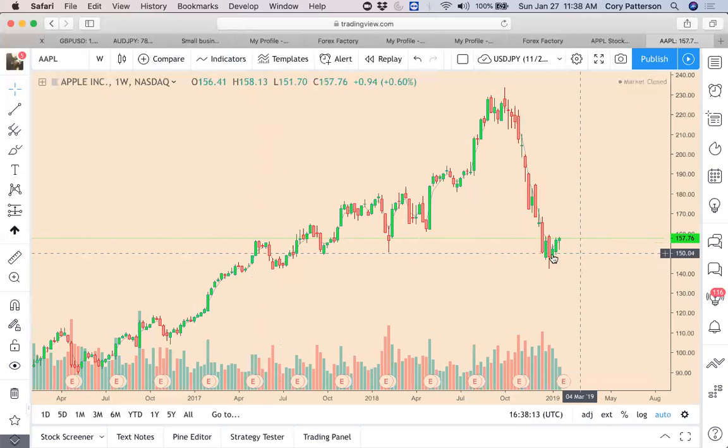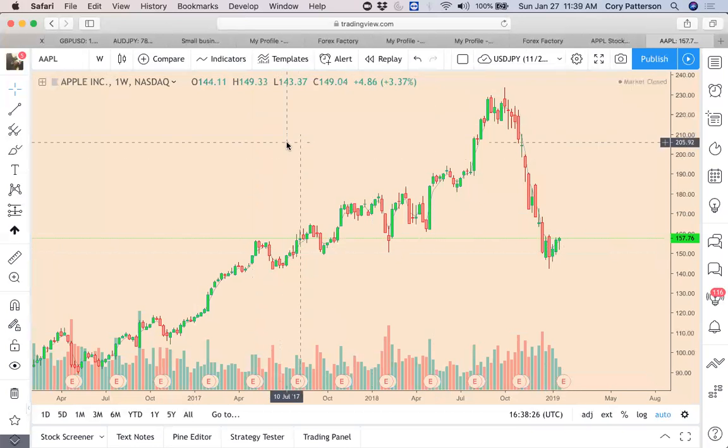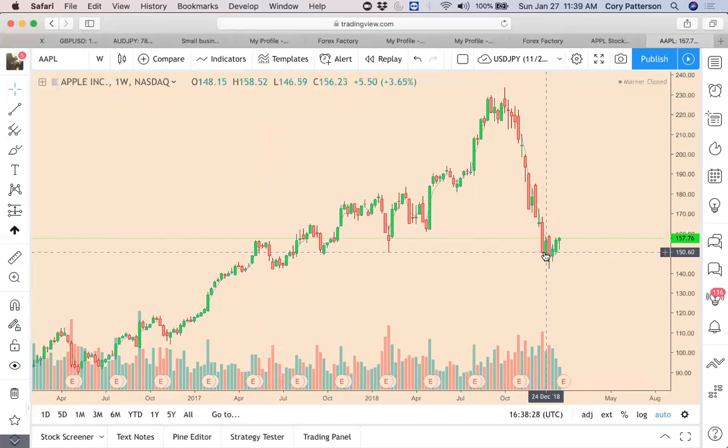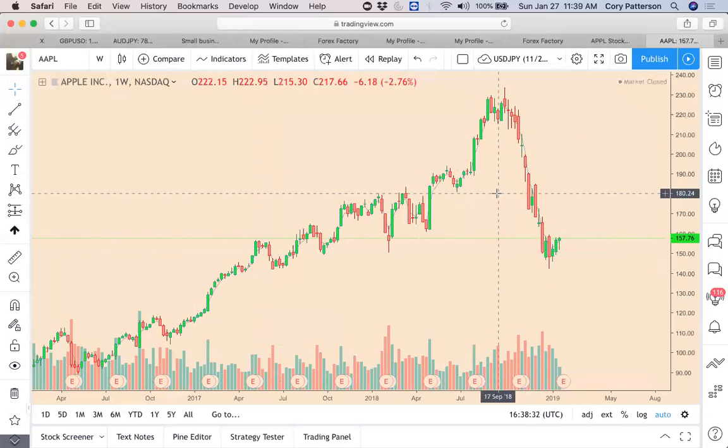That's why you have this tug of war going on right now. That's what the consolidation is. It's basically when price doesn't know where it wants to go. Even on stock charts, you have these levels. And you have another one here.